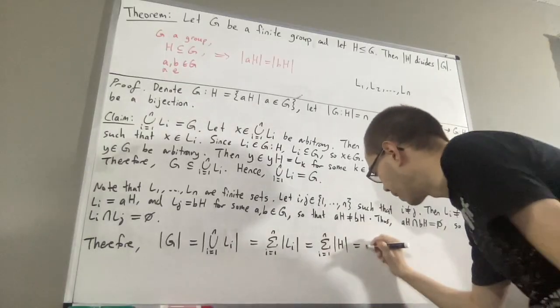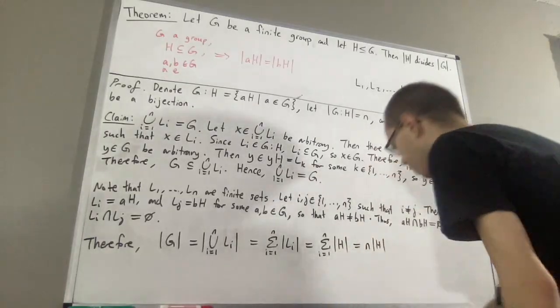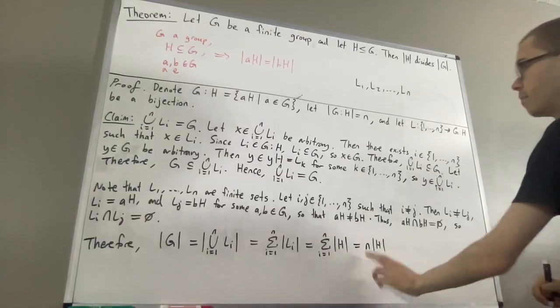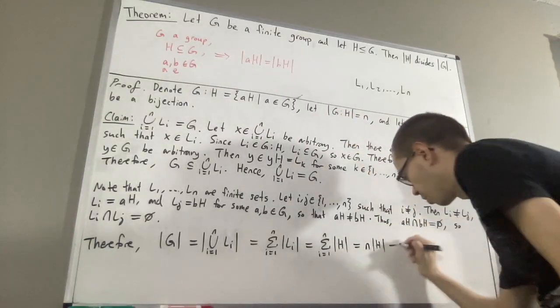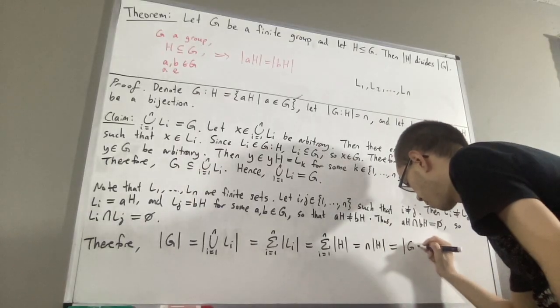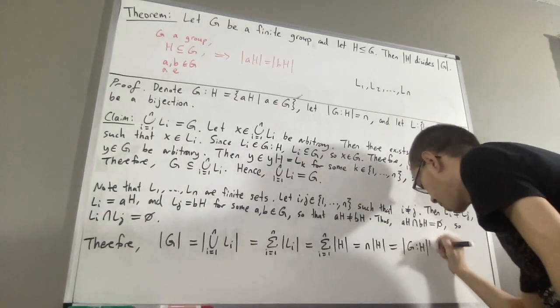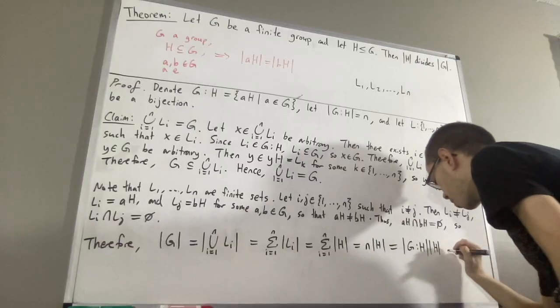So this is the same thing as n times the number of elements in H, but n is the same thing as the number of elements in G colon H. So really this is the number of elements in G colon H times the number of elements in H.